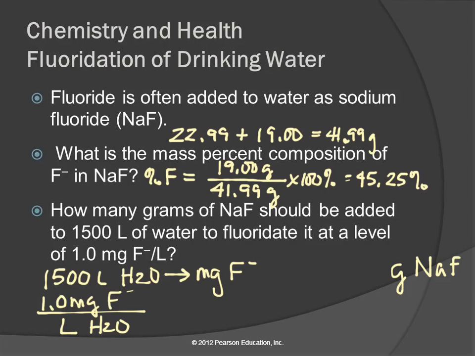Well, now we've gotten from liters to milligrams, so we're in the right direction. We could do milligrams to grams of fluoride. Can we convert grams of fluoride to grams of sodium fluoride? We can. We're going to use this percentage. That tells us 45.25 grams of fluoride per 100 grams of sodium fluoride. So that's our conversion factor for this last step.